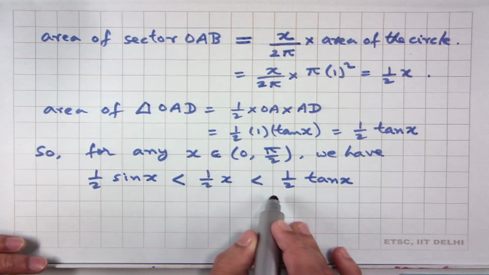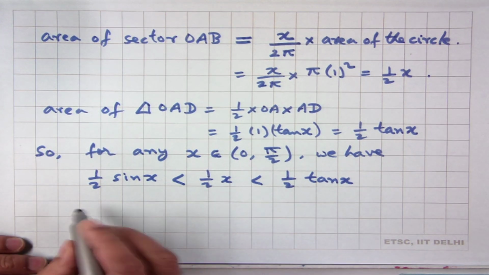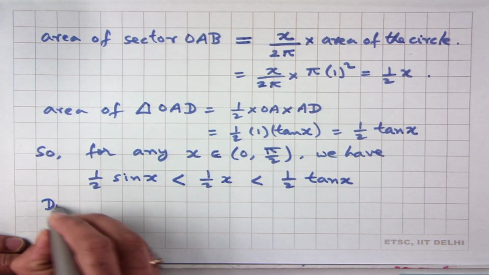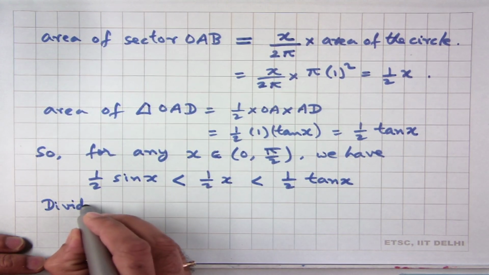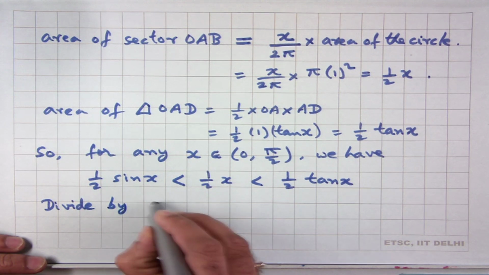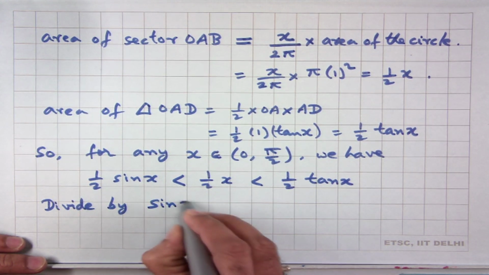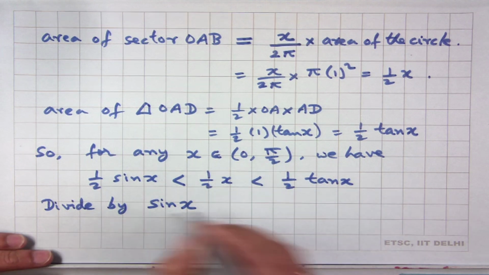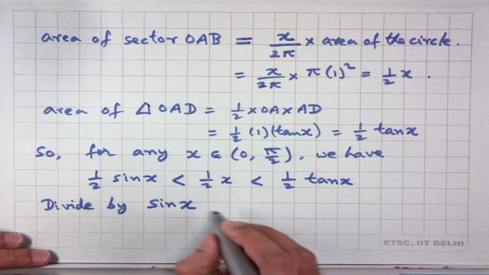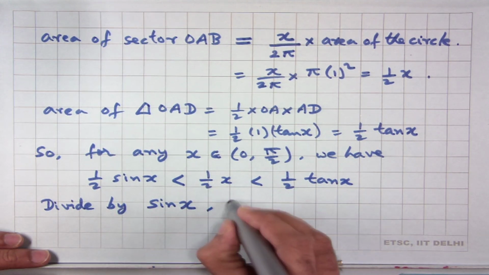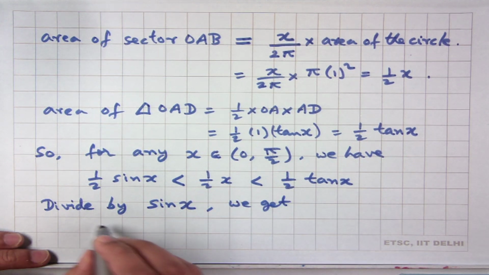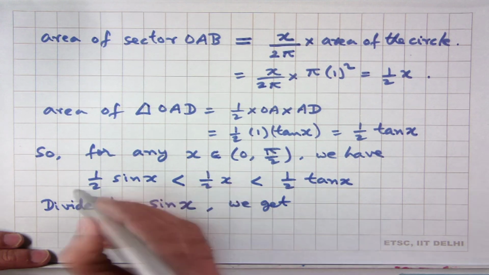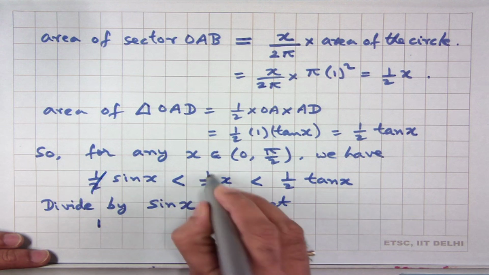Now, what we do is that we divide throughout by sin x. If x is between 0 and pi by 2, sin x is positive. So, dividing by this, what we get is, so first let me cancel this half from each of this.